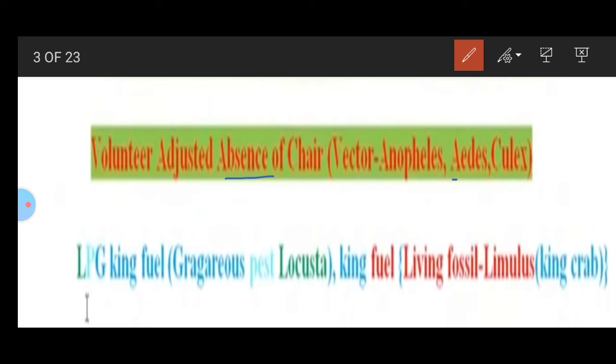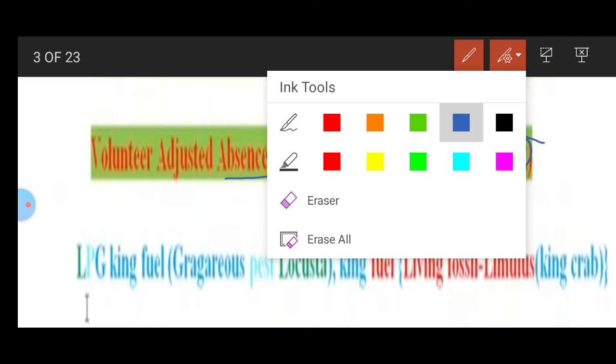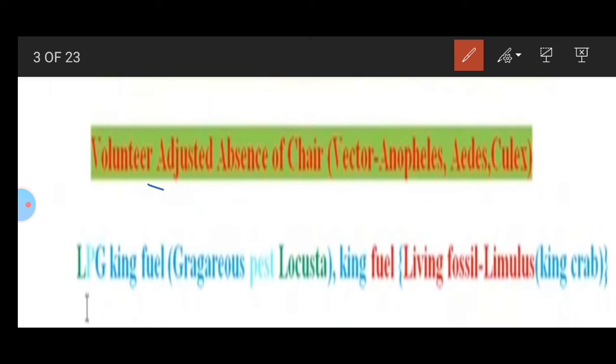Absence stands for aedes, and chair stands for culex. So suppose a volunteer came and adjusted absence of chair, that is, without a chair. These are the vectors which also belong to the phylum Arthropoda.